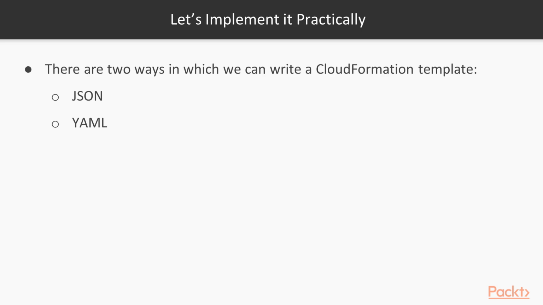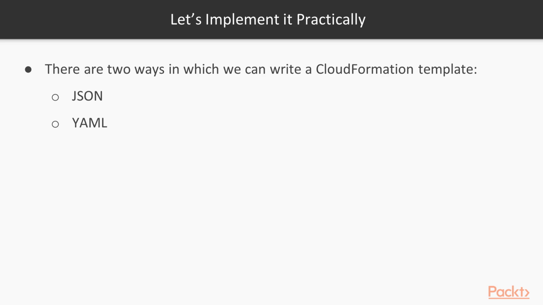Now, whenever you are writing a CloudFormation template, there are two things that you need to remember. Way earlier, around a year back, AWS used to only allow JSON-based CloudFormation templates. However, writing a JSON template is quite tedious, and this is the reason why AWS has also added support for YAML, which is a much more effective and much faster way of writing CloudFormation templates.